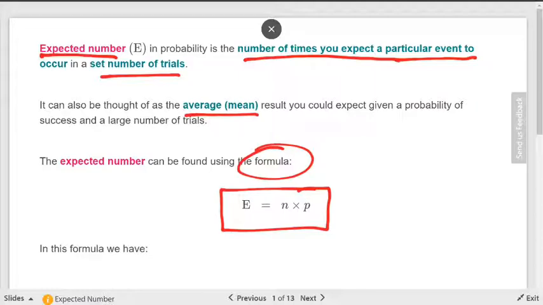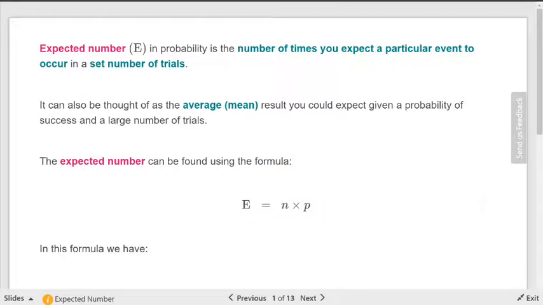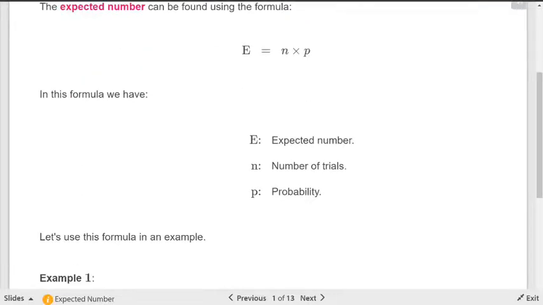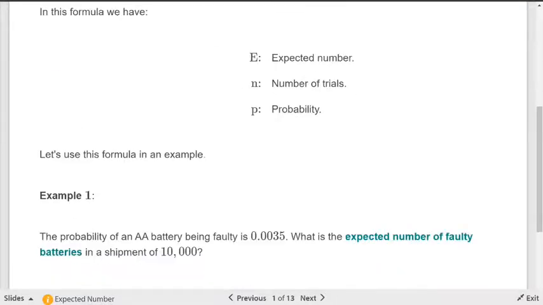Or you can change the percent into a decimal, right? Just by moving the decimal point, okay? But your calculator can also do multiplication with a percent if you want to make sure that you're maintaining accuracy and not making small errors along the way, okay? So that's it for the formula. They're going to give you the number of trials and the probability, and you find the expected number.